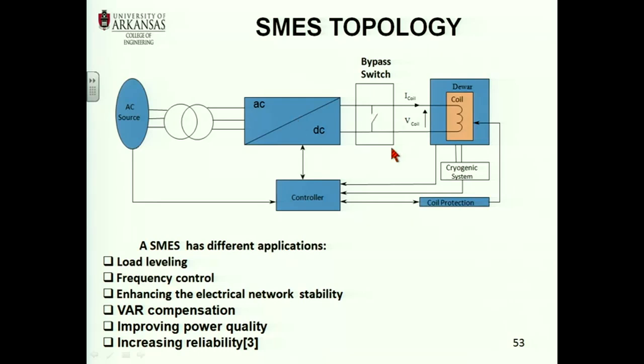When I need to inject power, I open the switch. So what's happened with the coil? There are two functions. If you are an expert on power electronics, there are two things that you learn: inductors oppose the change of current, capacitors oppose the change of voltage.